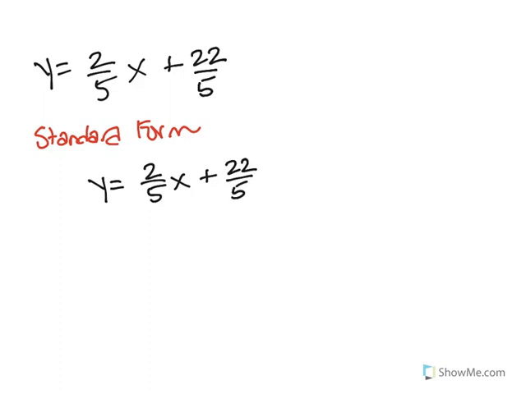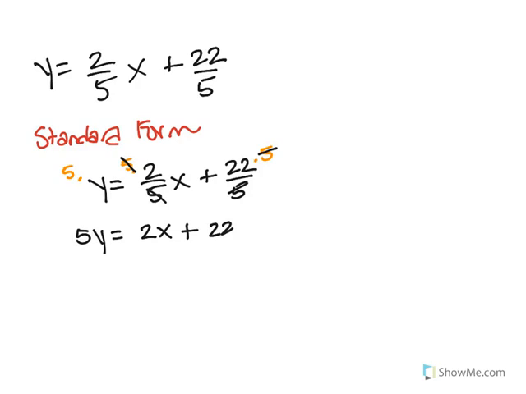Good. Multiply by the common denominator, which is 5. So that's going to give us 5y equals, and when you do that, it cancels the fractions, so that just leaves you 2x plus 22?